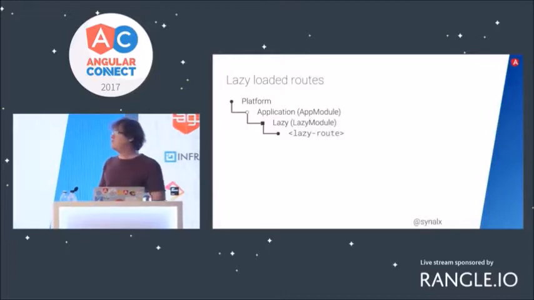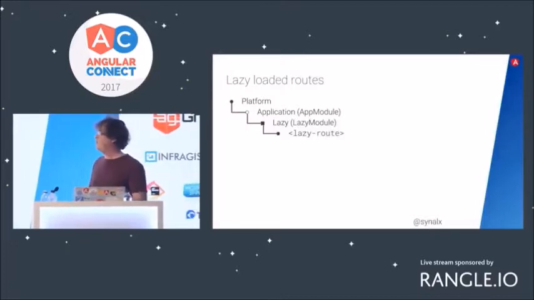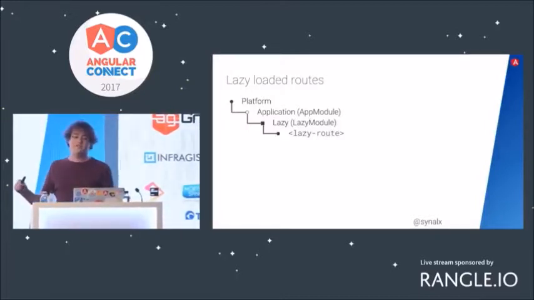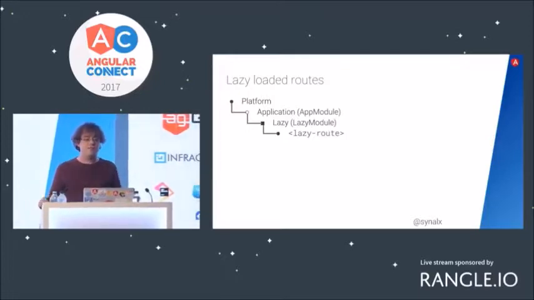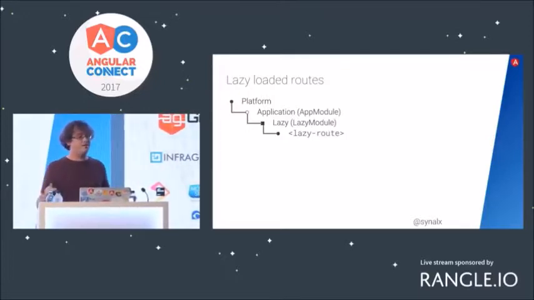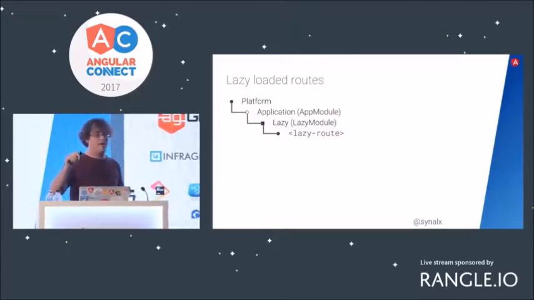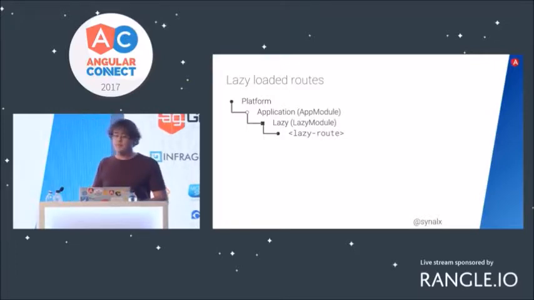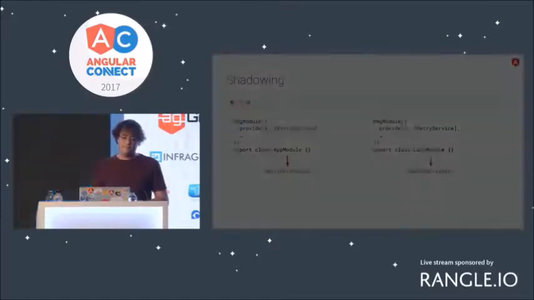So if you use the router, for example, to display a lazy loaded component, that component class actually gets injected from the lazy injector, not the application. So if the lazy injector doesn't have the token, it'll delegate up to the application, and so on. And you can do some really cool things with that, but it also creates a real problem known as shadowing.